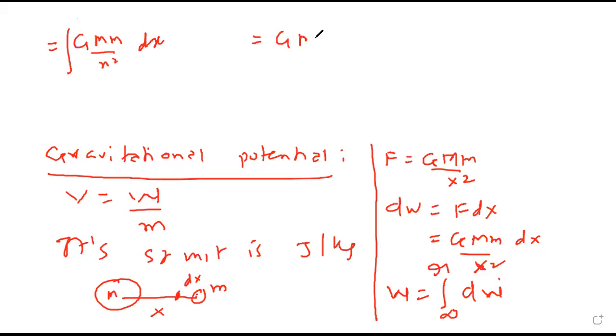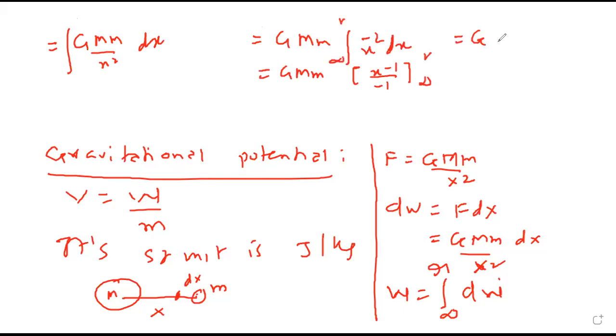So GMm constant, x raised to minus 2 dx. That is GMm x raised to minus 1 upon minus 1 from infinity to r. So this will become GMm into minus 1 upon x from infinity to r. So minus GMm, 1 upon r minus 1 upon infinity. 1 upon infinity is 0.